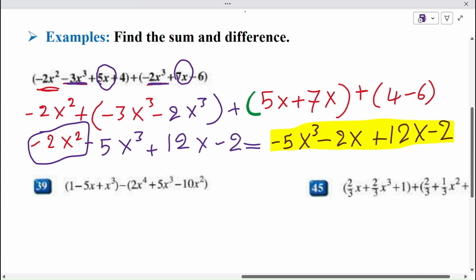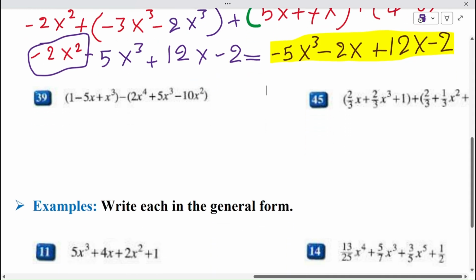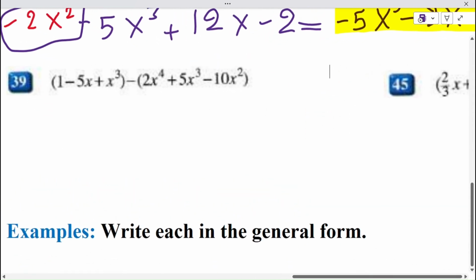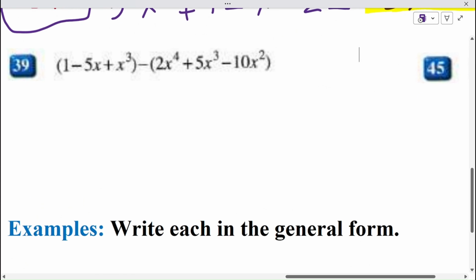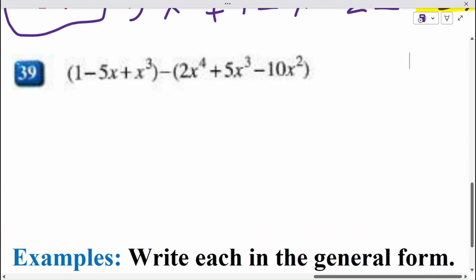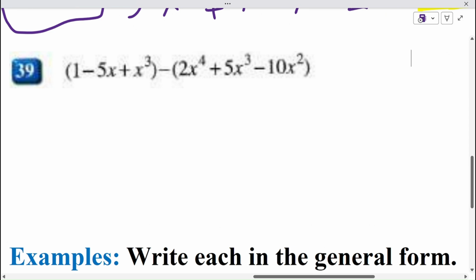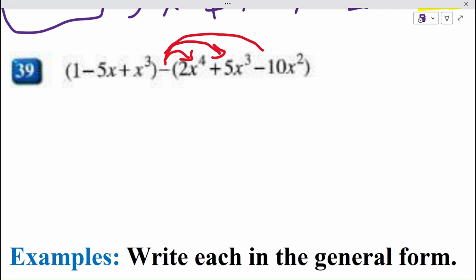Let's find the difference in this question. This is question 39 of your exercise. Let's solve this. Look here. At first, just share the negative sign into this bracket. Share it. Then combine like terms. Combine all terms like the variables.